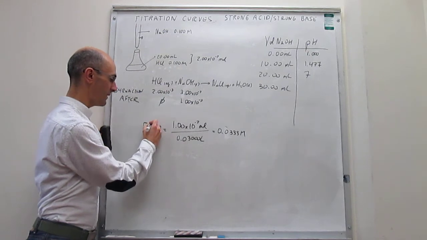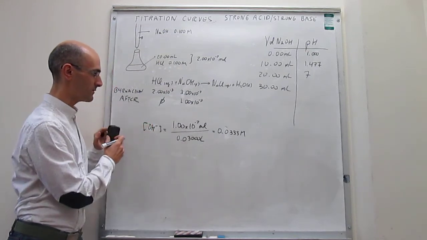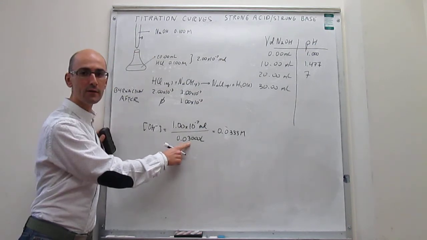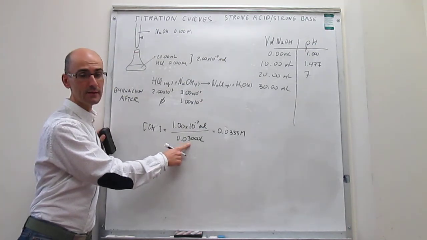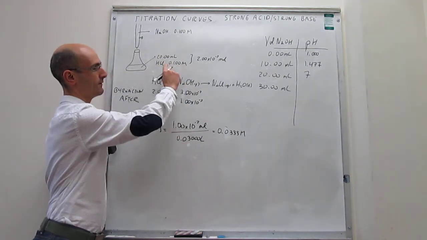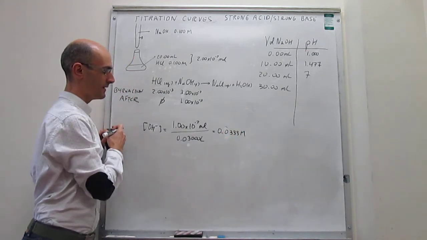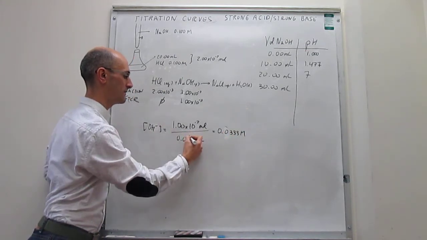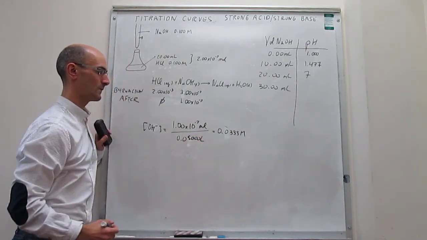Your calculation of the base, or OH minus now, will be 1×10^-3 moles, and very important here, the volume will be 50 mLs as opposed to just 30. Notice that the volume will be the 20 that you have initially, and then the 30 that you have added. That corresponds to a volume of 5×10^-2 liters.